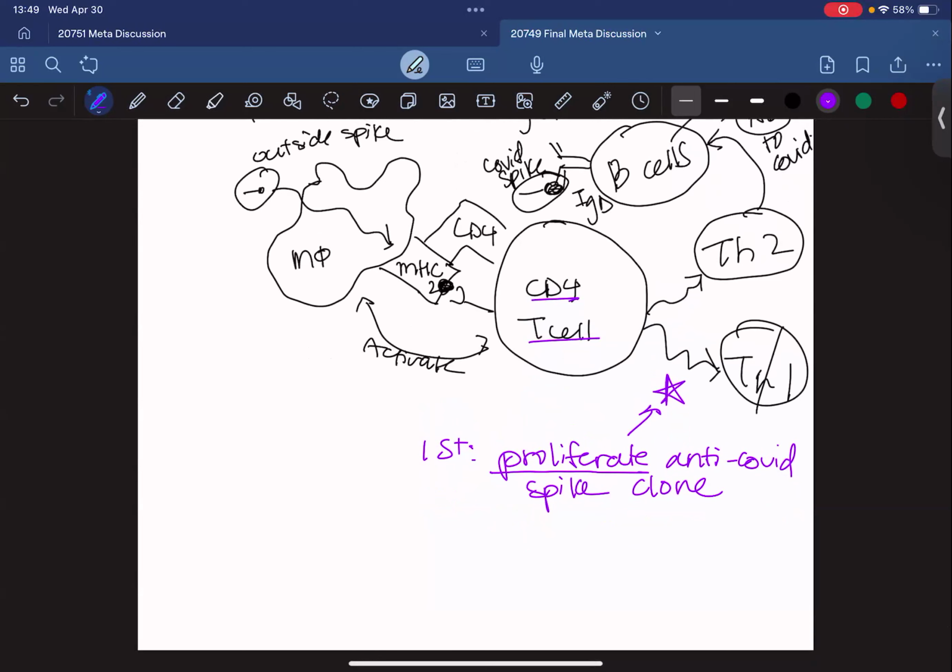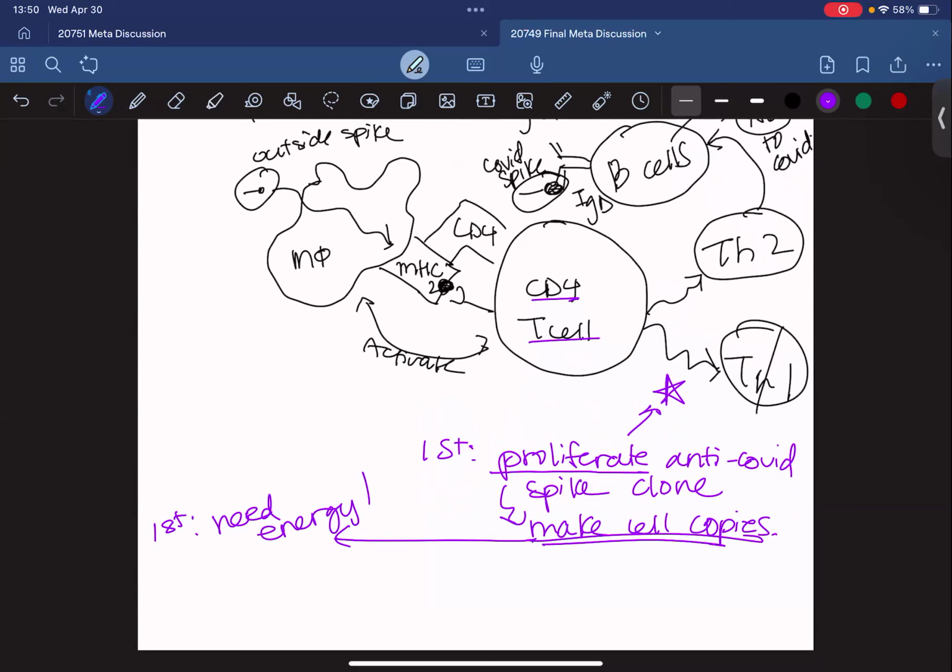So first we have to proliferate, and this means to make copies of that cell. So in order to make those cell copies, we need energy in the form of ATP, which if we are proliferating and differentiating our CD4 positive eukaryotic T cells, this ATP production happens in the mitochondria of those via aerobic respiration.